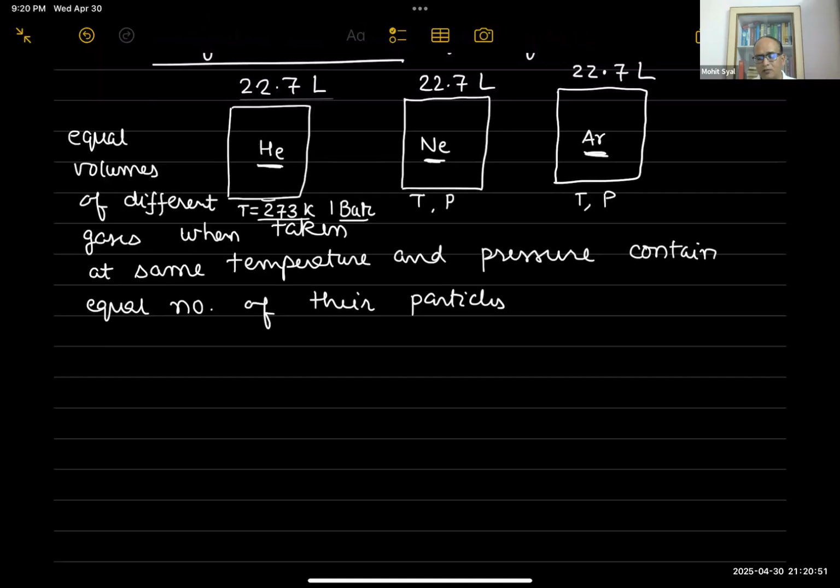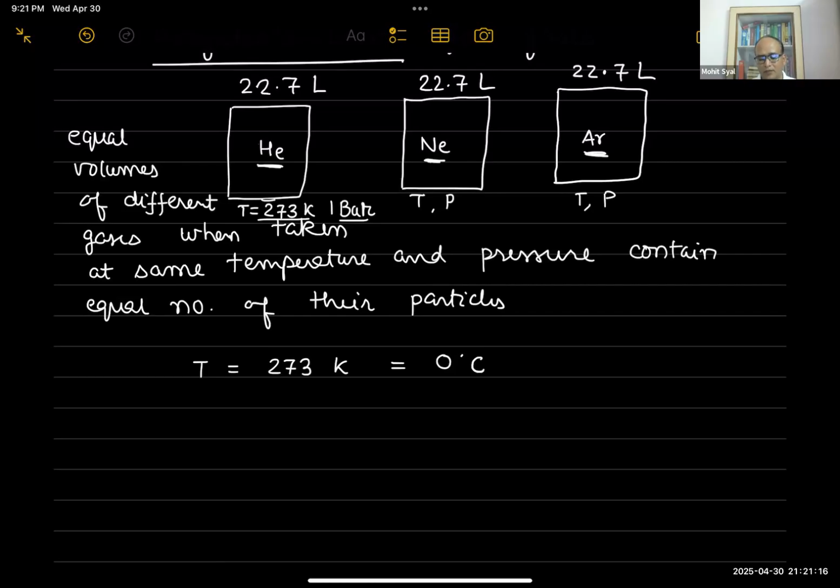Temperature 273 Kelvin is how much? Temperature, actually there are different ways to measure. 273 Kelvin in degrees Celsius, how much? 0 degrees Celsius.